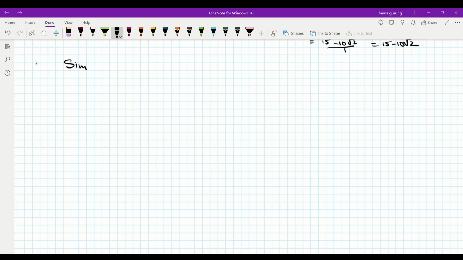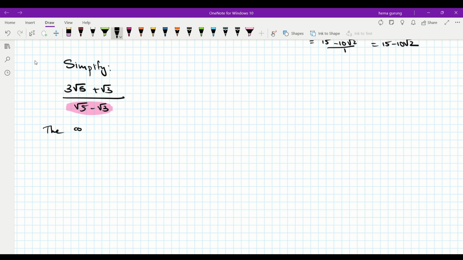Okay, that's fine. Let's try a more complex question. Now we have to simplify this. The question is like this: 3 root 5 plus root 3 divided by root 5 minus root 3. So we have to rationalize the denominator. We'll see the denominator, it's root 5 minus root 3.